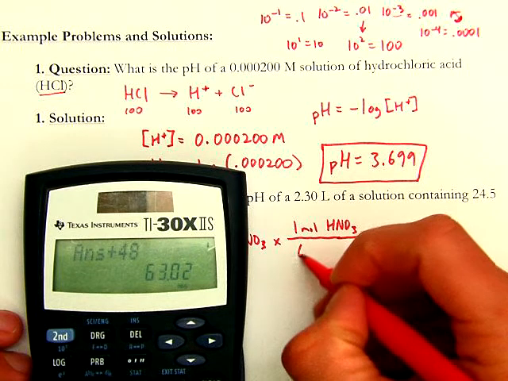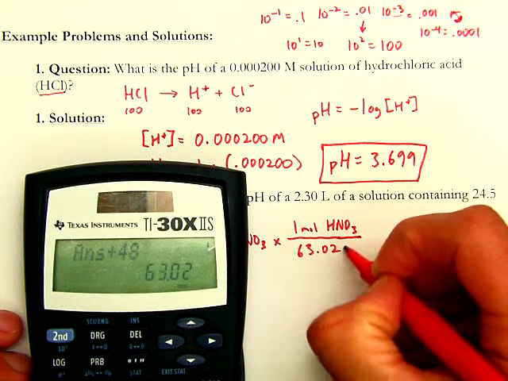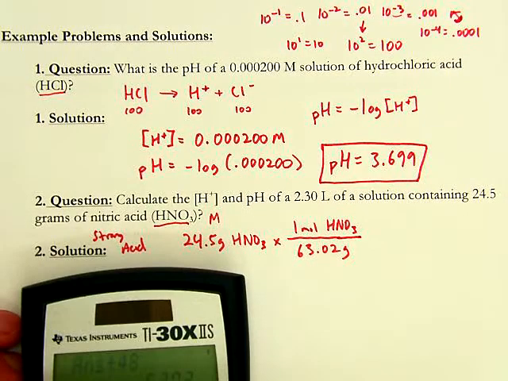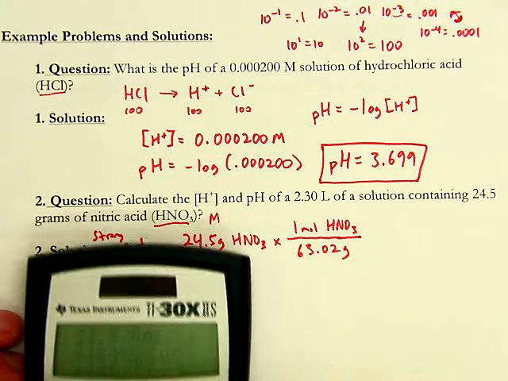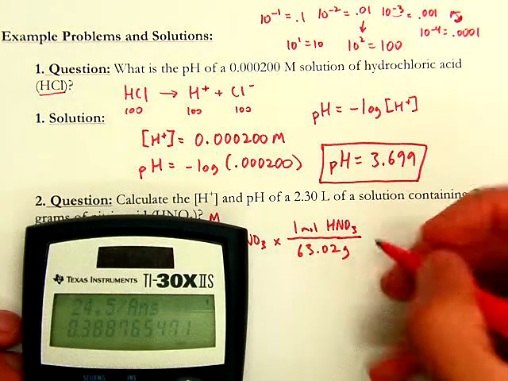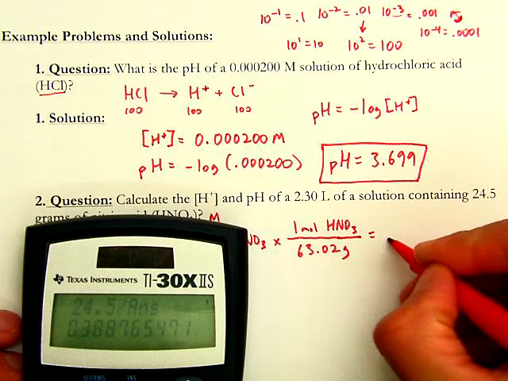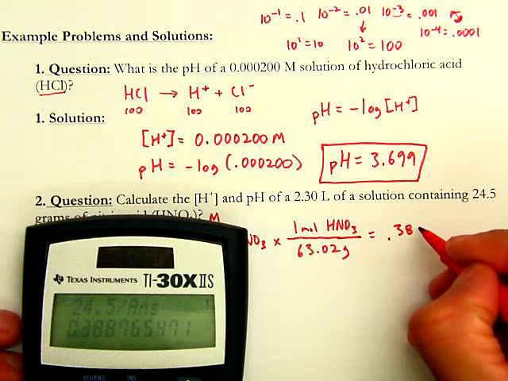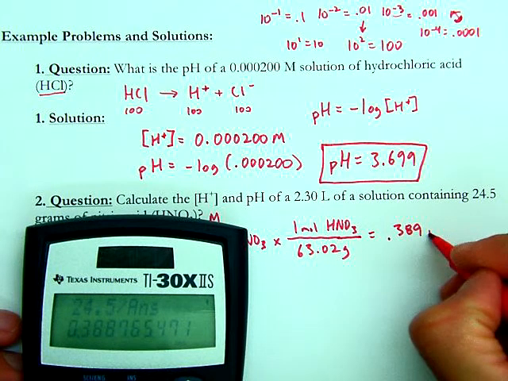So we get 63.02 grams per mole. So if I take 24.5 and I divide it by that number, what I get is 0.389 moles.